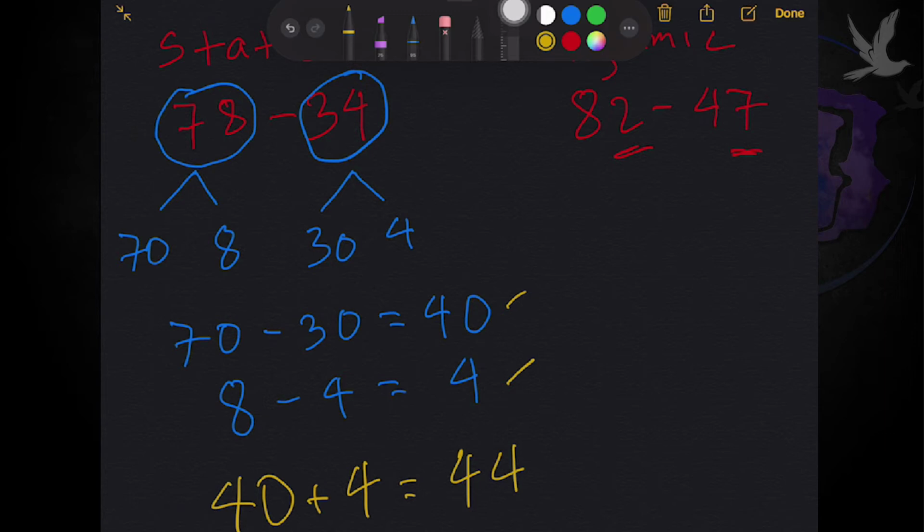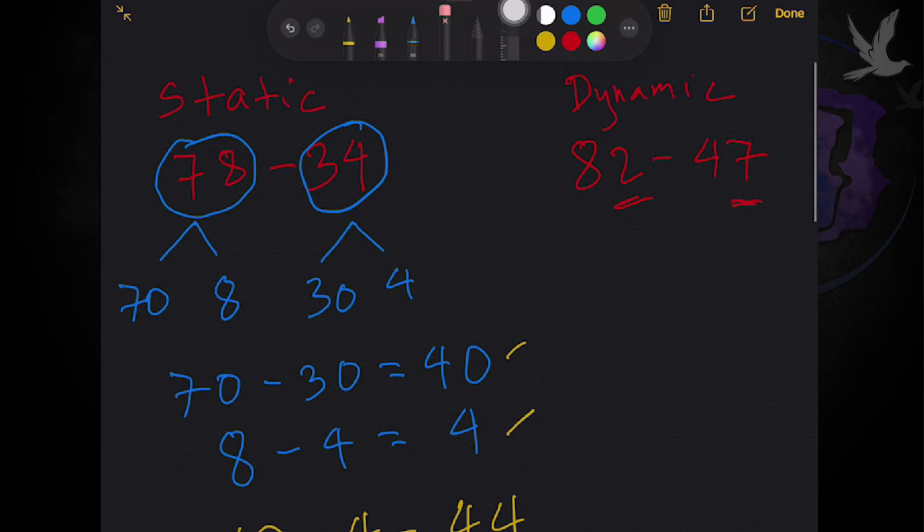Okay, for dynamic, we only need to make use of one number, and that is the second number. Okay? And we call the second number as the subtrahend. Okay, this is called the subtrahend, while this one is called the minuend. So i-breakdown lang natin yung ating subtrahend here, which is the 47.